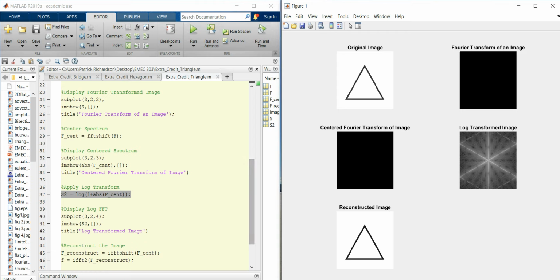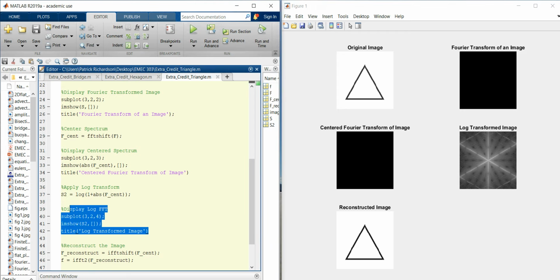So then we plot the log of the Fourier transform, and that's what we have right here. For this triangle, obviously there are streaks going through the center here. These streaks represent the edge of a line in the image. So they run parallel to each other.